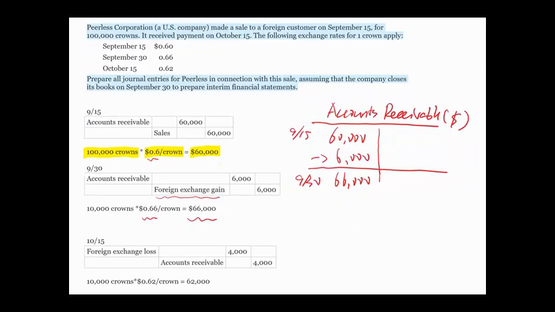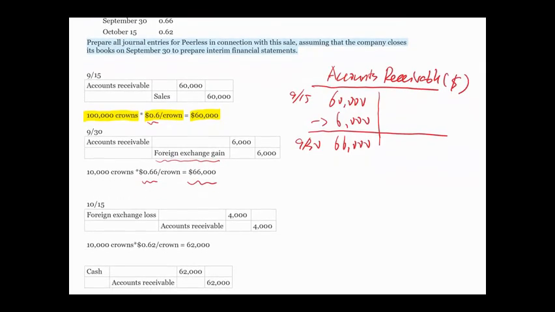Then let's move on to October 15th. On October 15th, that's the date when they finally receive the payment. The new rate on October 15th is 0.62. So the total accounts receivable that they can collect from the foreign customer is 62,000. How do I get 62,000?